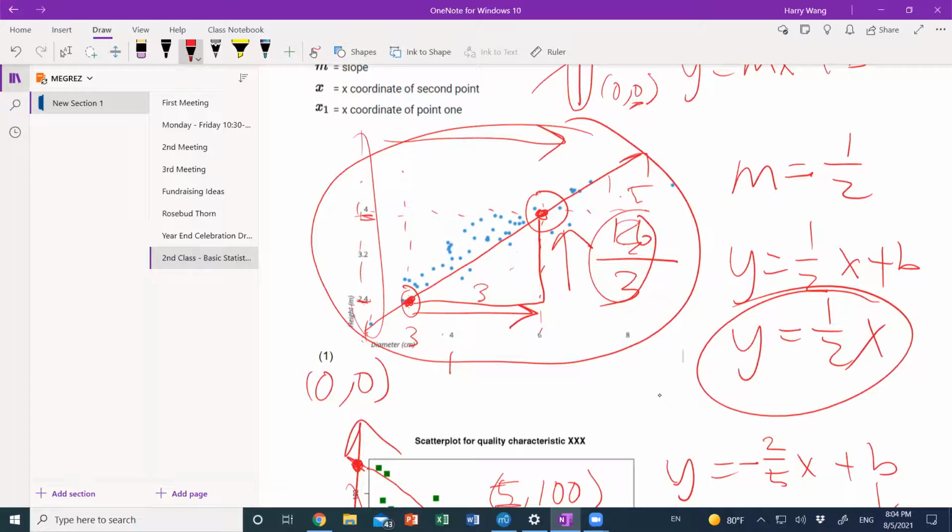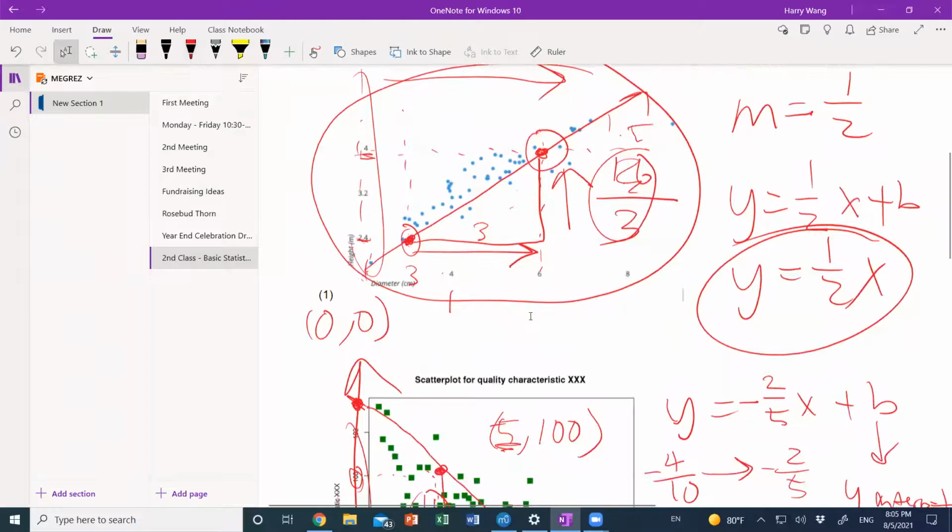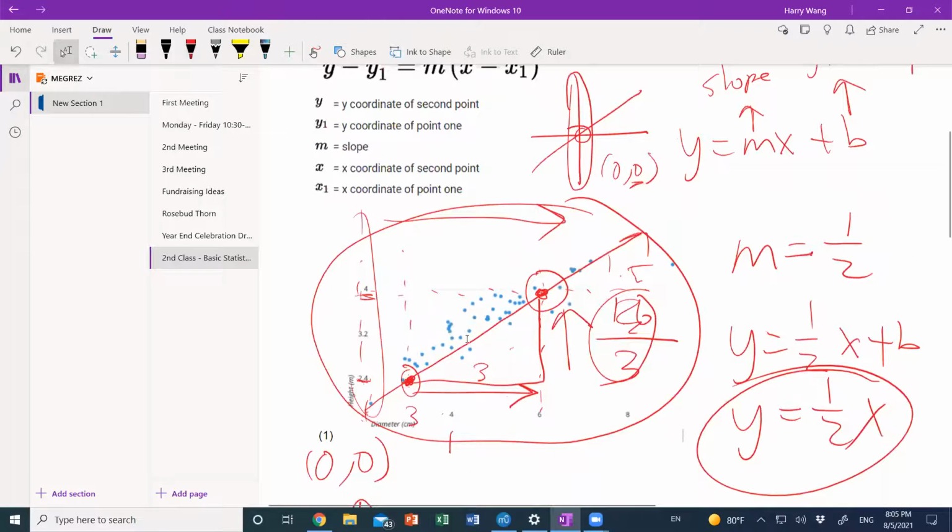If the points are in a curve, or bounce off the axis, or are just all over the place and you can't draw a line through them, then you can't write a line of best fit. But for example, for this first one here, obviously you can draw a line through. So do your best and draw a line that goes through the center of the group of points. That's your line of best fit.